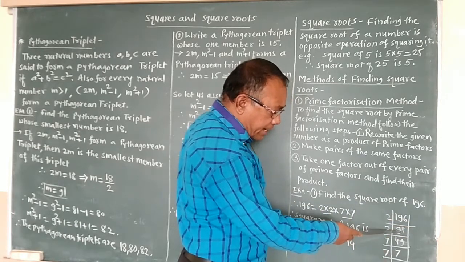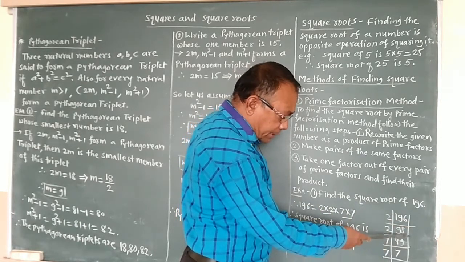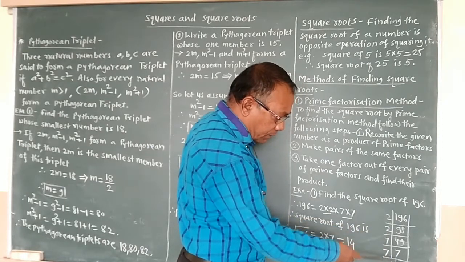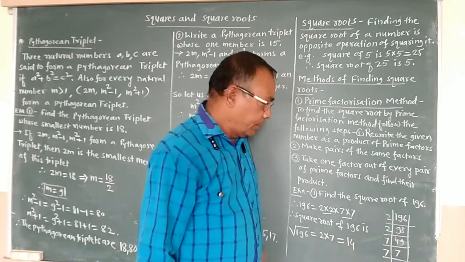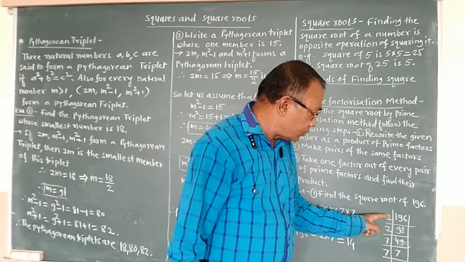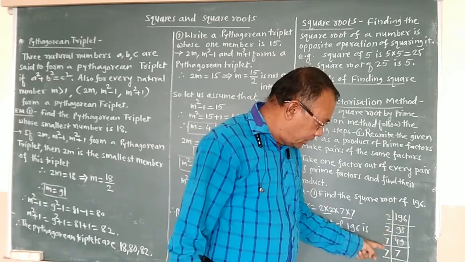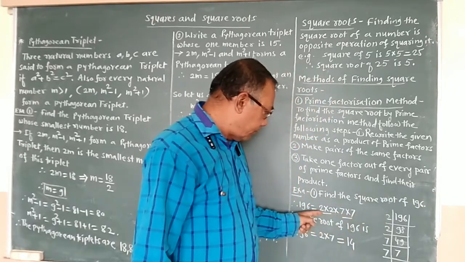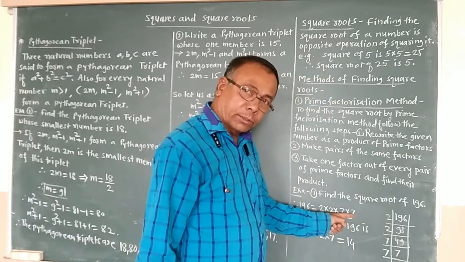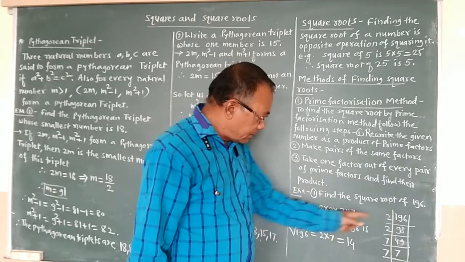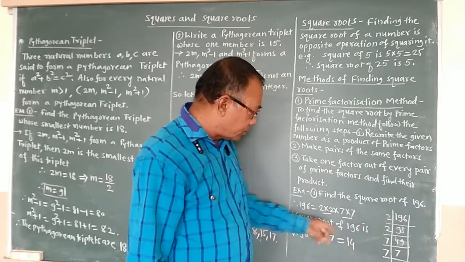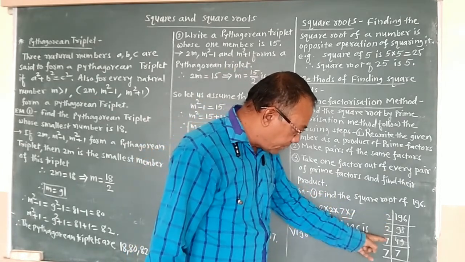Then 2 4s are 8 and 2 9s are 18. 7 7s are 49 and 7 1s are 7. In this way, the factors of 196 are 2, 2, 7, 7, and write these factors in the form of multiplication or product. Take the product of these factors. So 196 is equal to 2 into 2 into 7 into 7.